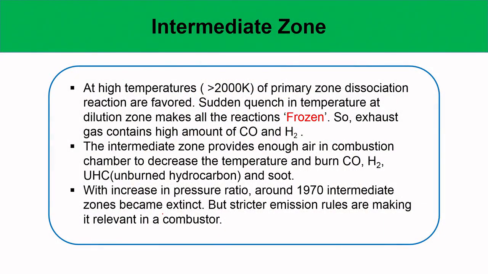So, this is the purpose of the intermediate zone. It essentially acts as a pollutant controller, okay. And with increase in the pressure ratio around 1970, intermediate zones became extinct, but stricter emission rules are making it relevant in a combustor, okay. So, this is the intermediate zone's role to essentially reduce the carbon monoxide and hydrogen.